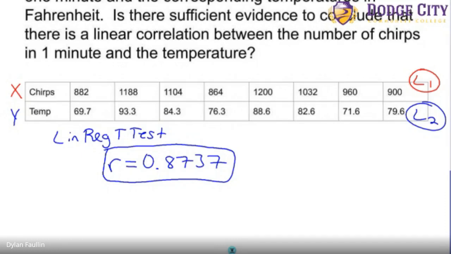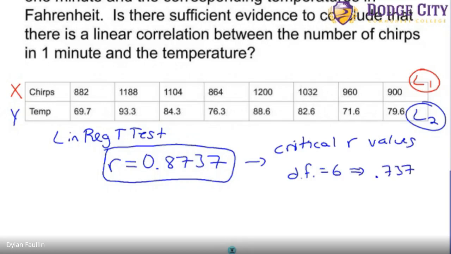Right, so that's how you would use the critical value chart that's provided by the textbook, which you would see on my stat lab as well. That'd be one way to draw that conclusion. The other way would be, you compare this to the critical r values, which we get for degree of freedom 6. The chart tells us 0.737 was one of them if alpha was 0.05, and what was it for the other one?